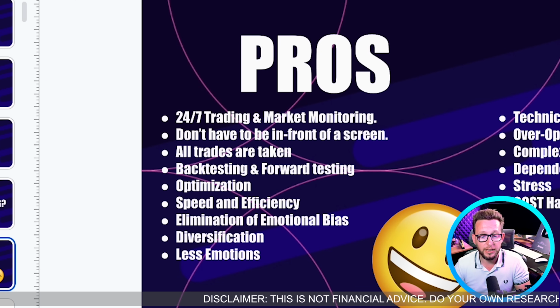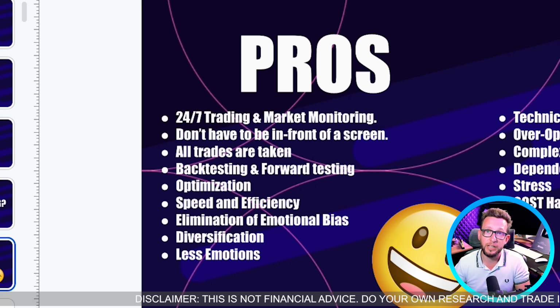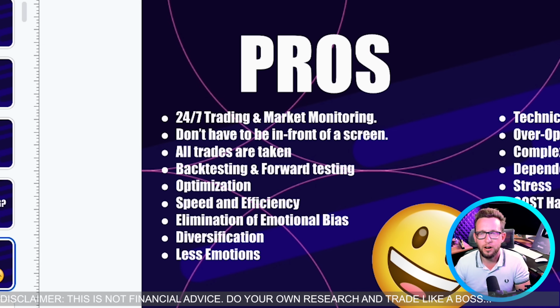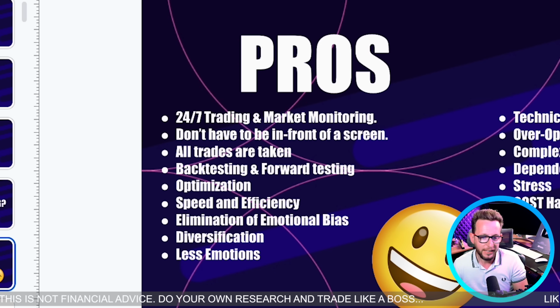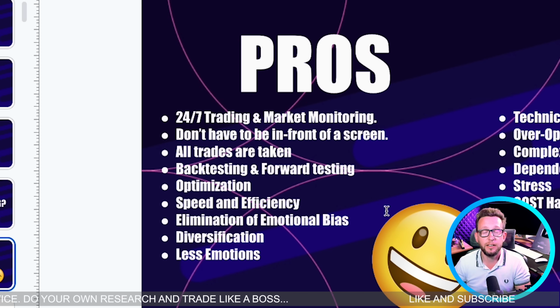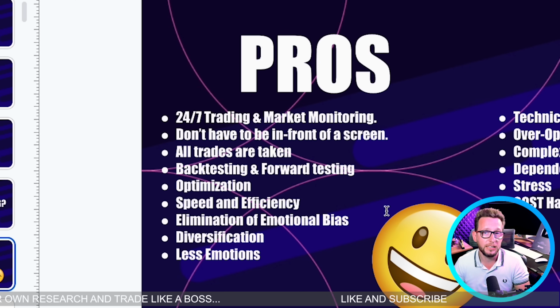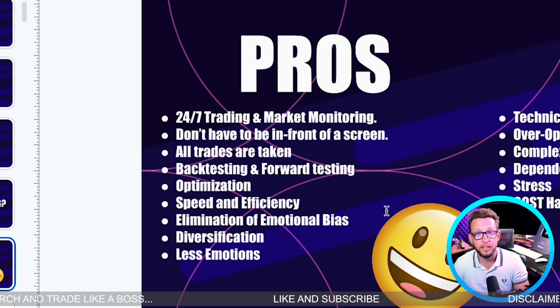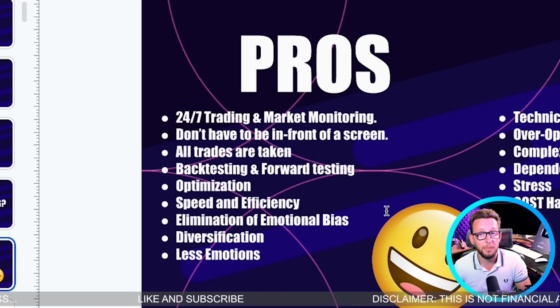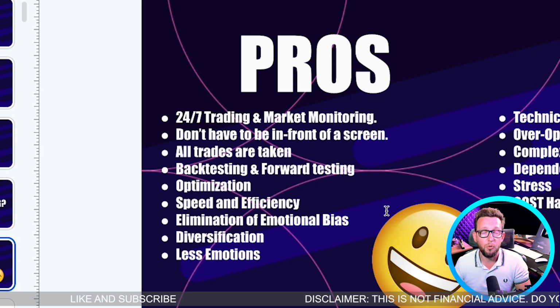You actually don't have to be in front of your screen like somebody who's taking manual trades and looking for harmonic patterns or whatever they are. All trades are taken in a perfect algo trading system. All trades are taken no matter whether you're asleep, no matter whether you're at the beach with your family. Those trades will all be taken.